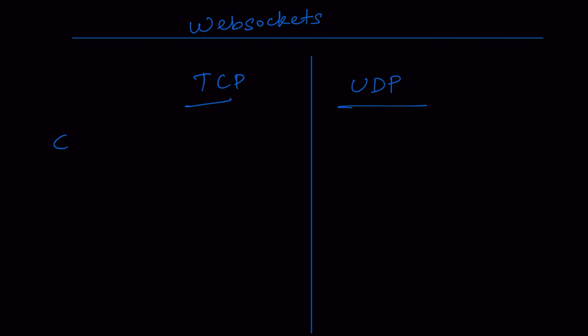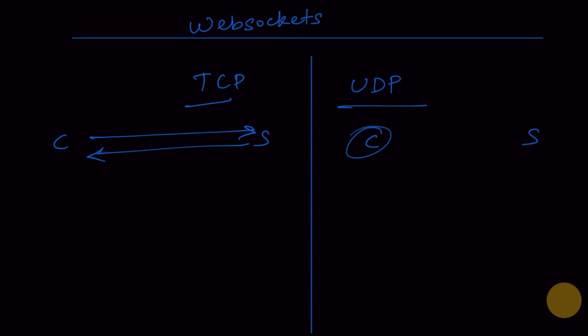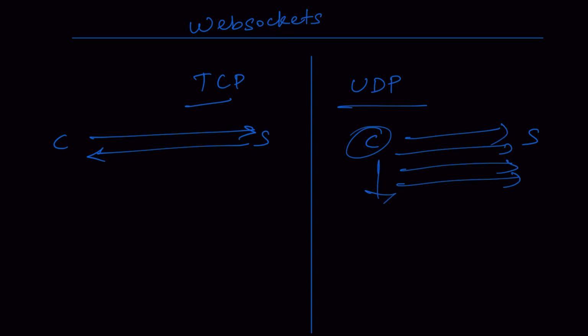The client sends a message and waits for an acknowledgement from the server, whereas in the UDP protocol the client doesn't care anything about the server. It just keeps on shooting messages to the server, and it doesn't need an acknowledgement.